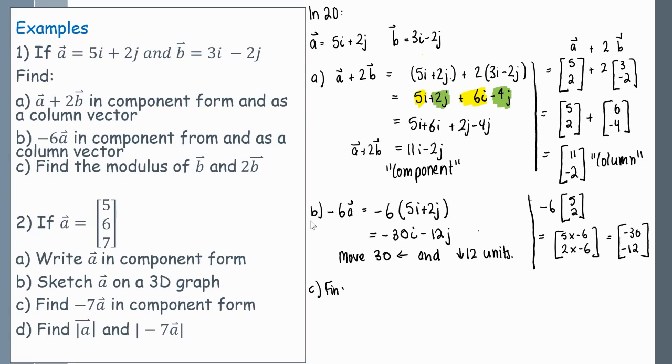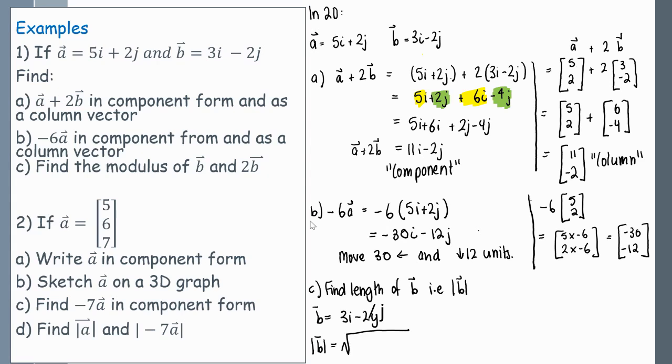Lastly, we have to find the modulus of vector b as well as vector 2b. This just means find the length of these vectors. So remember the notation, have your two lines either side of your vector. That is called the modulus or the length. That's how we denote it.